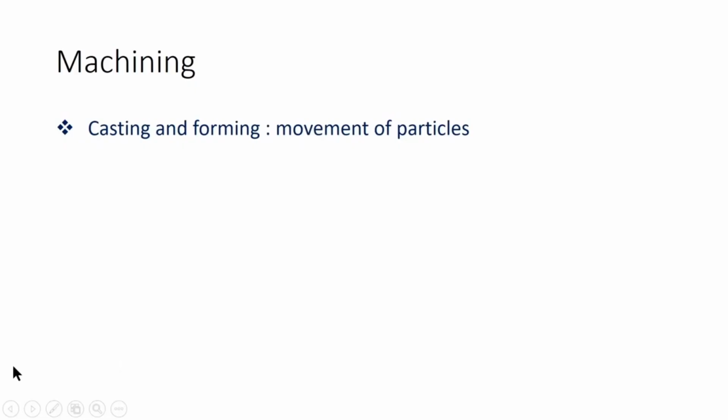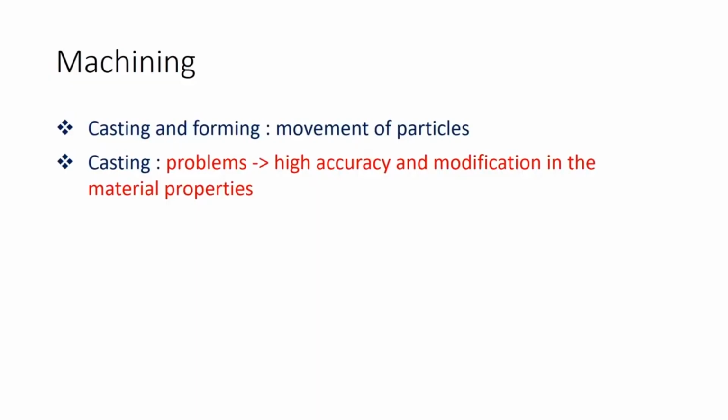The next manufacturing operation is the machining operation. Casting and forming are the basic manufacturing processes. However, there is a movement of particles during this operation. The casting has inherent problems of high accuracy, so we cannot achieve the accurate work part as desired. This is basically due to the shrinkage that occurs during the casting resolidification process.